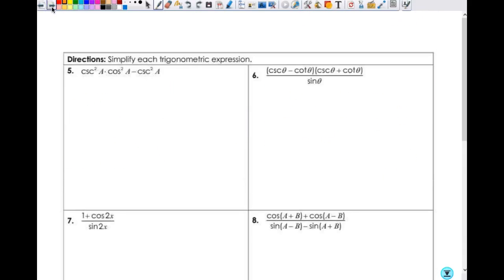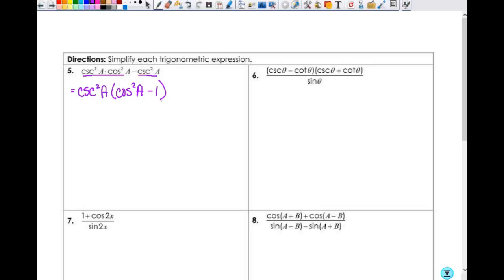All right, next page. I'm going to simplify each trigonometric expression, which means you got to keep your equal signs going. Make sure at each step it's actually equal and you don't just have pieces everywhere. When I'm looking at these, I got 2 terms here, and I have a GCF, so I'm going to factor out my cosecant squared. That leaves me with cosine squared a minus 1. And then I can change that cosine squared a minus 1.